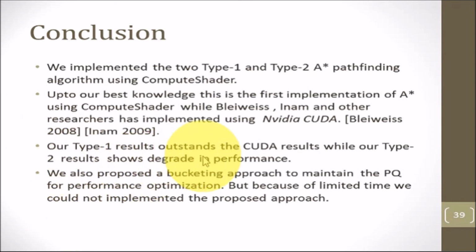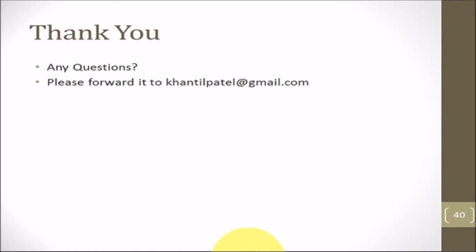Our type 1 result outperforms the CUDA results, while our type 2 results show a gradual performance. And finally we also propose a bucketing approach to maintain the priority queue for performance optimization, but because of limited time we could not implement the proposed approach.